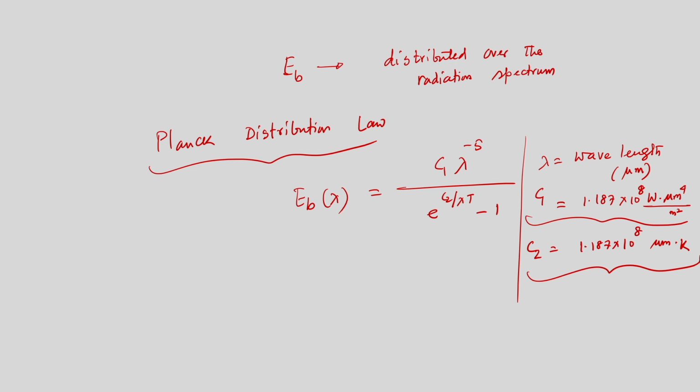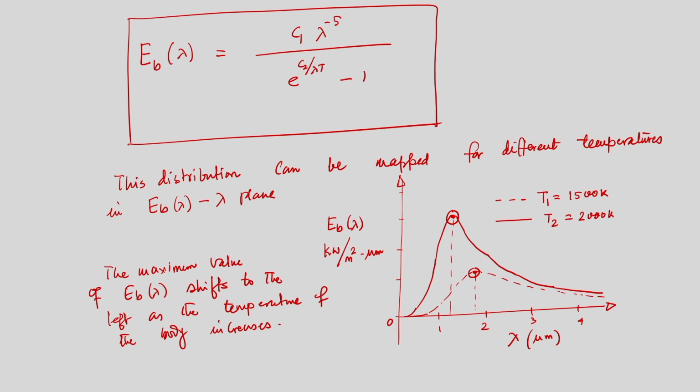The thermal energy which you are getting will be distributed over the radiation spectrum, and that is governed by the Planck distribution law. We have now tried to map that radiation energy, distributed over the wavelength, over the spectrum, in the E_bλ versus λ plane. We obtained the distribution for two different temperatures, T1 and T2.